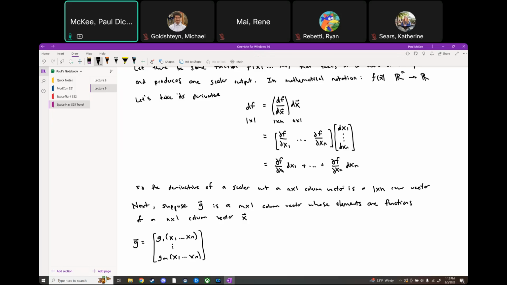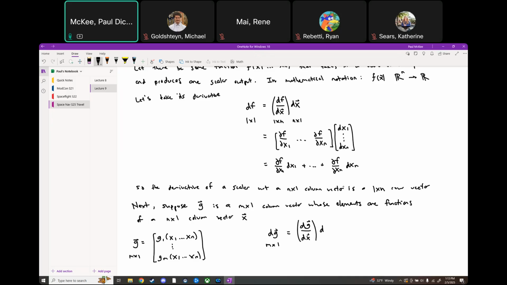So we have the first function and then the second function all the way down to the mth function of x, where x is a vector from 1 to n. Okay, so G is just a column vector. Well, now we'll do the same trick. What is the differential of G? This is m×1, so this is going to need to be m×1. Well, that's going to be the derivative of G with respect to x.